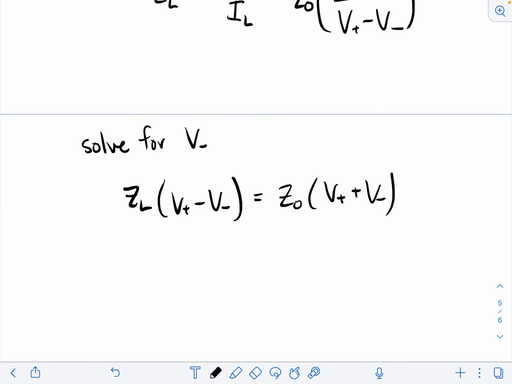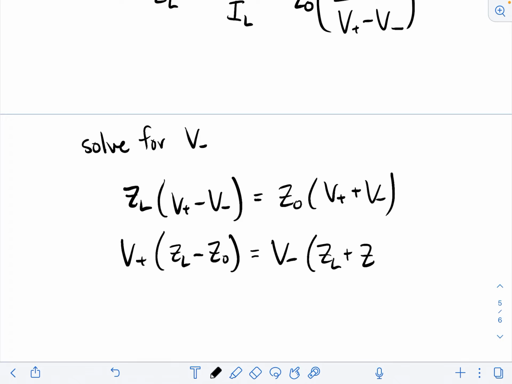So I think we're going to get V plus times ZL minus Z naught is equal to V minus times ZL plus Z naught, if I've done this correctly.